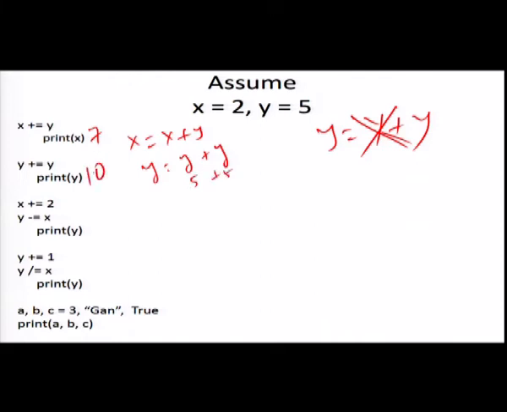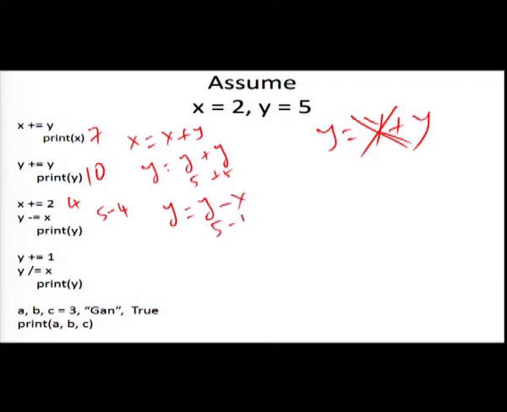x plus equal to 2. What is the value of x over here? It is 2. So x plus equal to 2 becomes 4, and y minus equal to x. What is y? y is 5. 5 minus 4, it is written as y equal to y minus x.